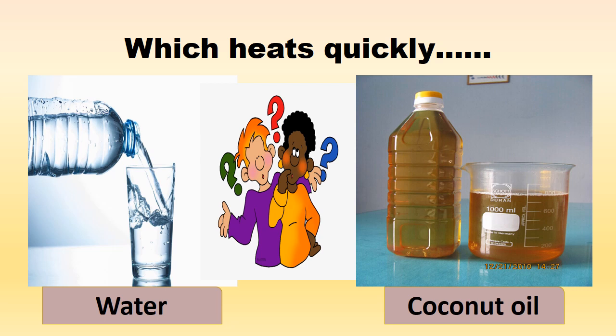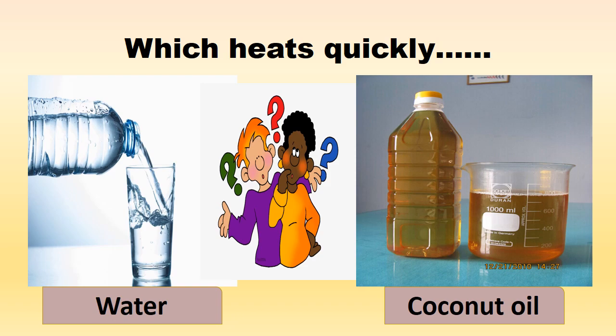So you can state that the temperatures of equal amounts of different substances differ even though the same amount of heat is given to them. This is the conclusion that you can draw.